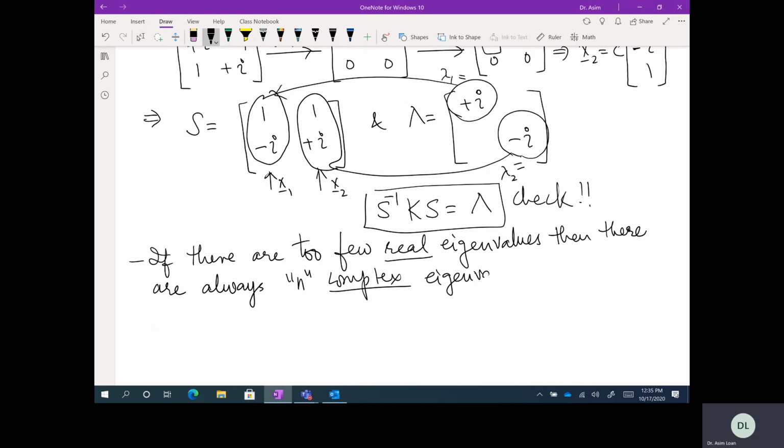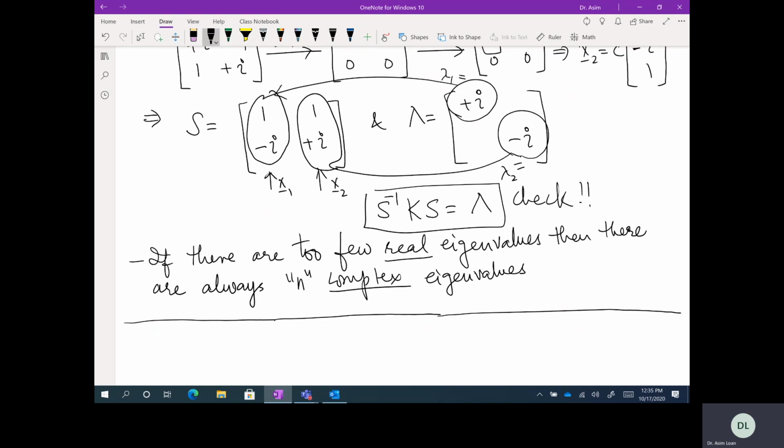So that is what I said in the beginning of the first and the second and this lecture too. The eigenvalue, which is a scalar, can be real or complex. Okay.